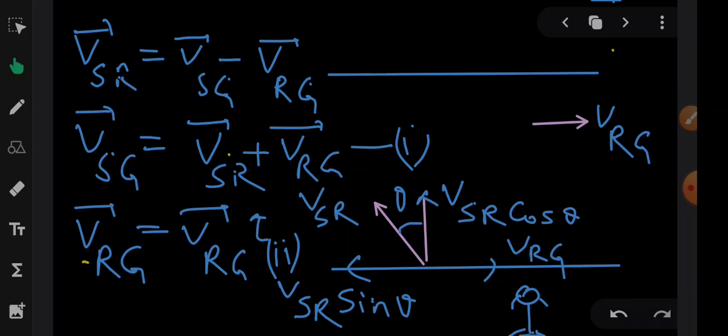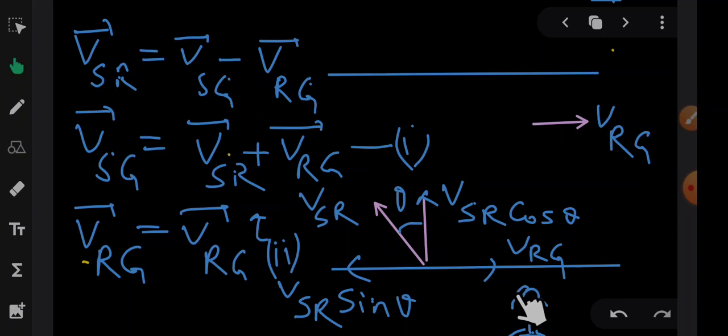So when the observer is on the ground, he will see that the swimmer is swimming in the river in a direction which is different from that of angle theta with the vertical, because of the velocity of the swimmer with respect to ground.